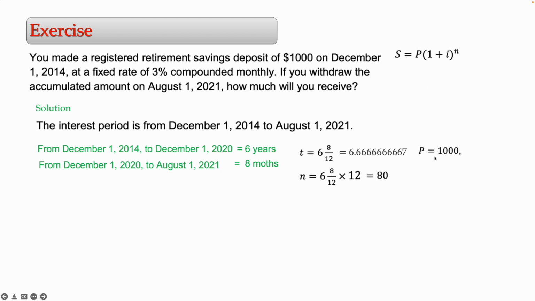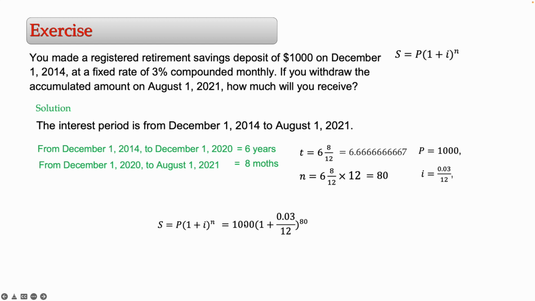So we know that P equals 1,000, this is given. We also know that i is 3% compounded monthly, so it will be 0.03 divided by 12. With this, I can put everything in the formula and solve the problem. So S will be equal to P times 1 plus i to the power n. I make the substitution, and I have that S will be 1,000 times 1 plus 0.03 over 12 to the power 80.